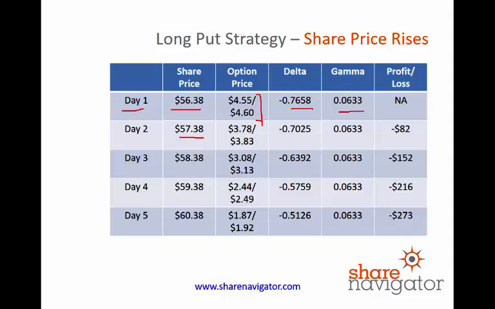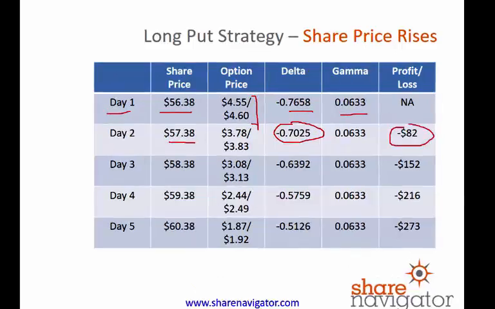So 455 minus 0.77 will give you 378, and 460 minus 0.77 will give you 383. You'll also notice that our delta amount has now changed by the previous day's gamma amount. Because the share price has gone up, the gamma amount stays positive. So minus 0.7658 plus 0.0633 will give you minus 0.7025.